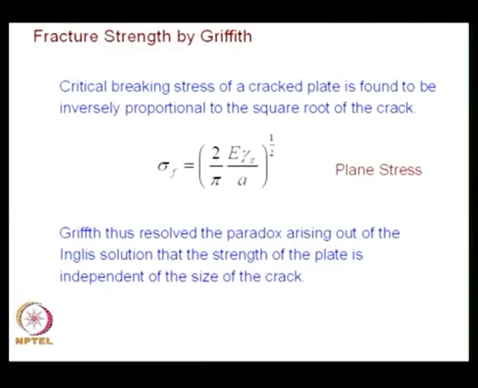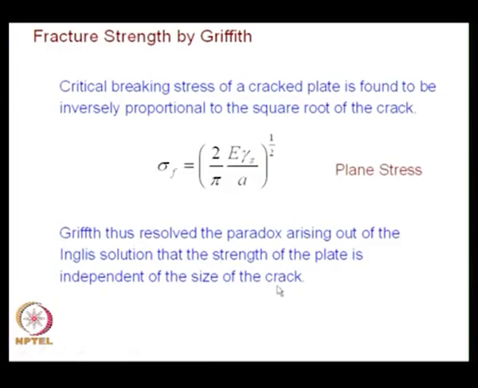The English solution was useful, but utility of that solution is questioned because people are unable to explain how actual structures remain solid with cracks. So, that paradox was resolved by Griffith, that strength of the plate is independent of the size of the crack.